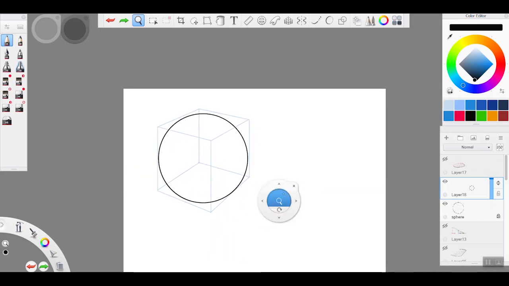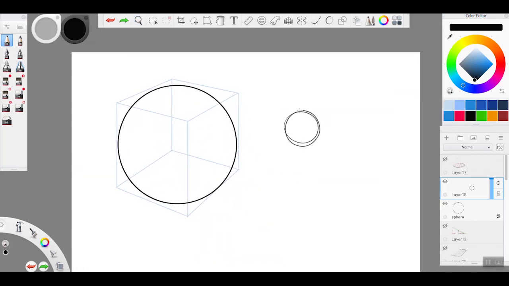If I draw a couple spheres here, it all depends on where it is in location to your horizon line. So if this sphere is really close to the horizon line, your shadow might be an ellipse that's really tight. If it's really far from the horizon line and we're looking more down on top of the sphere, it might be an ellipse that looks roughly like this.